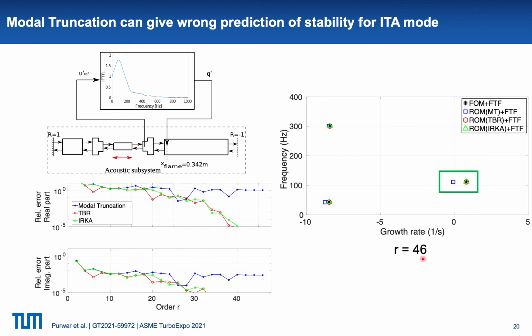Even at the order of 46, modal truncation gives negative growth rate, whereas the mode is actually unstable. On the other hand, TBR and IRKA converge to the correct growth rate. Therefore, TBR and IRKA are more reliable reduction methods than modal truncation.